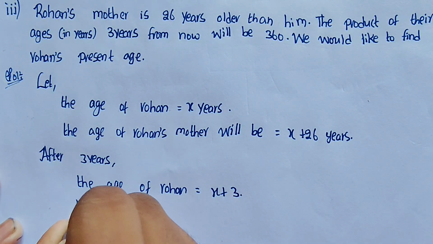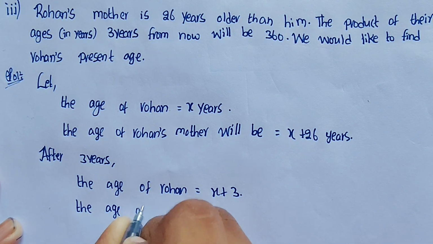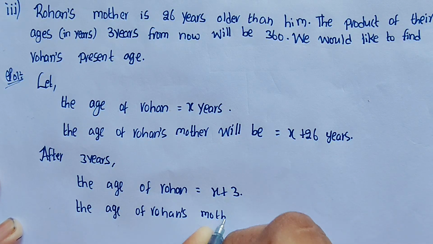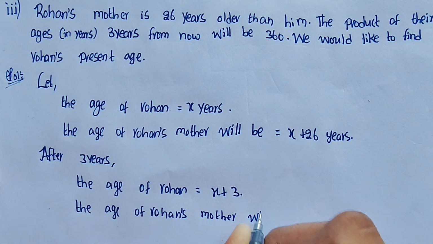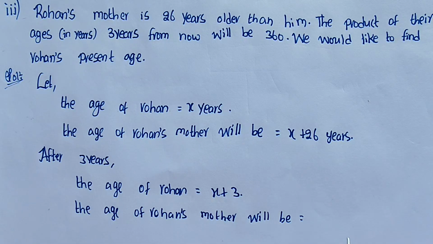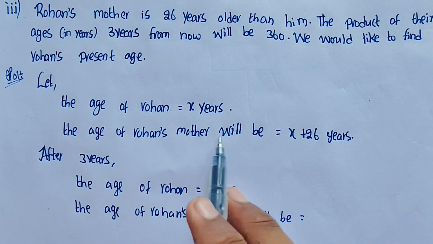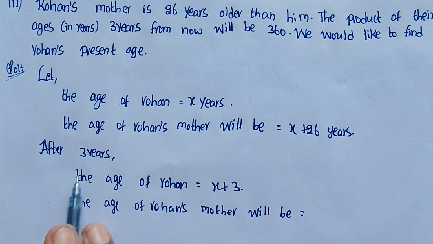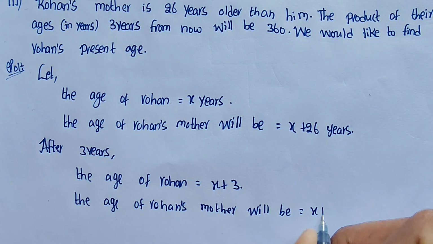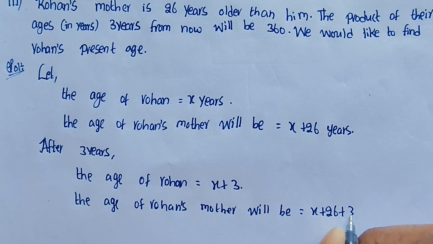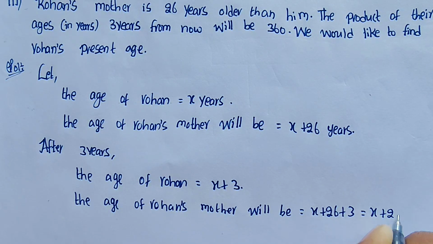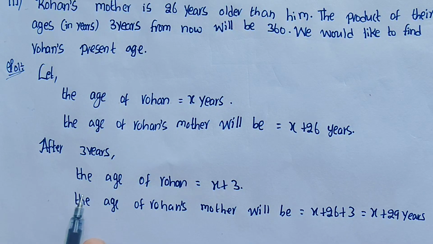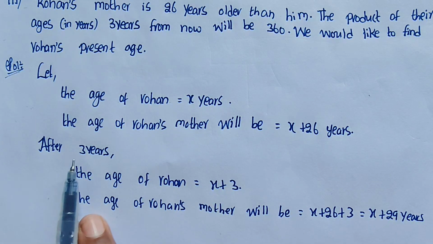The age of Rohan's mother, he said x plus 26 years. After 3 years it will become x plus 26 plus 3 equals x plus 29 years. These are the ages of both after 3 years.